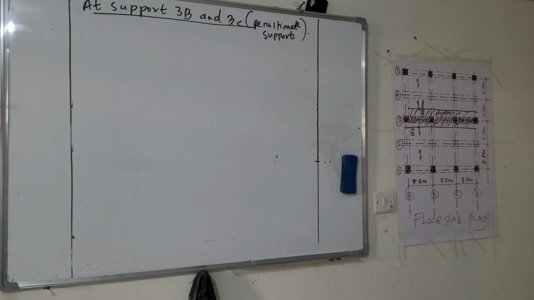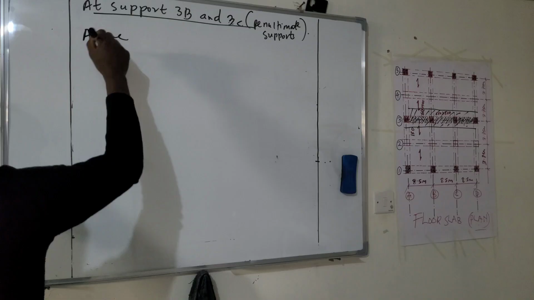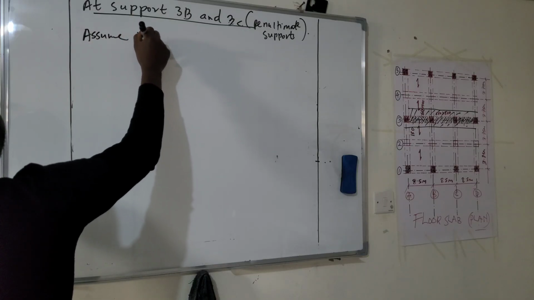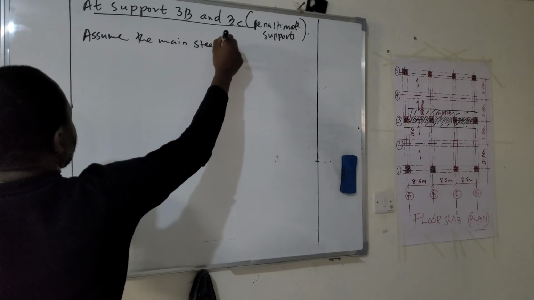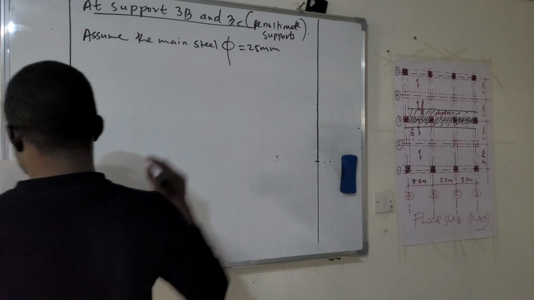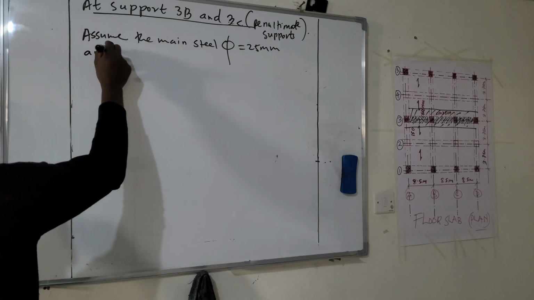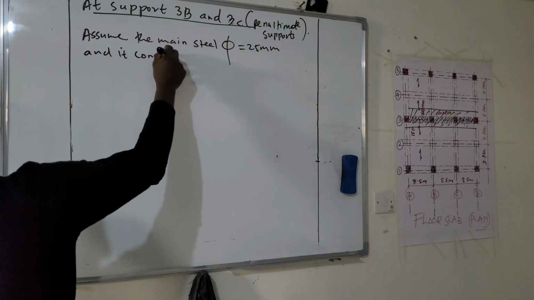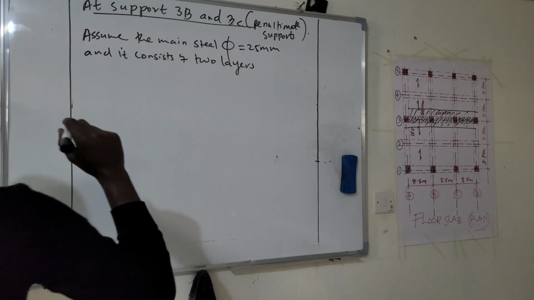So this one, you will assume the main steel bar diameter is equal to 25 millimeter, and it consists of 2 layers.